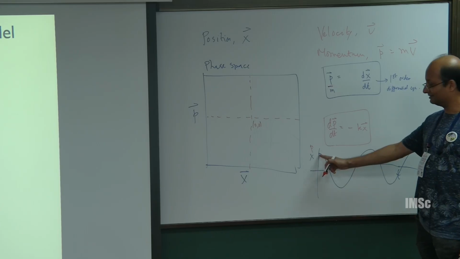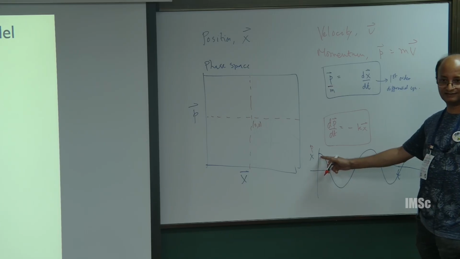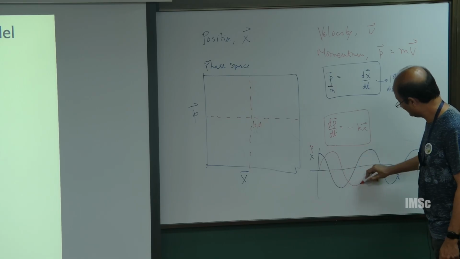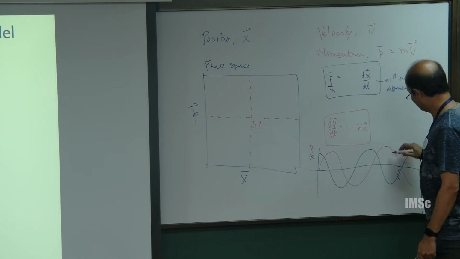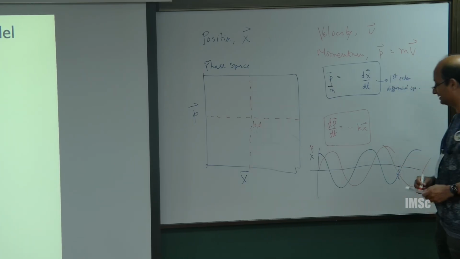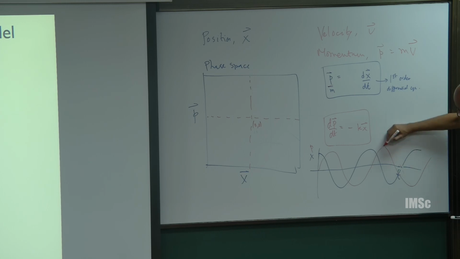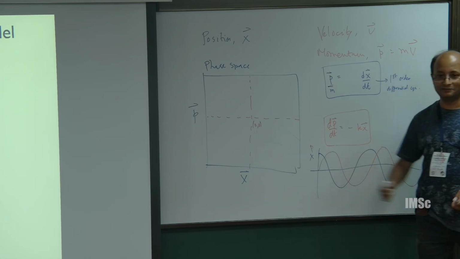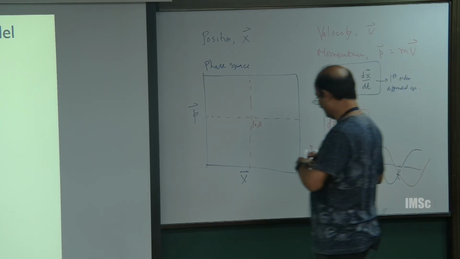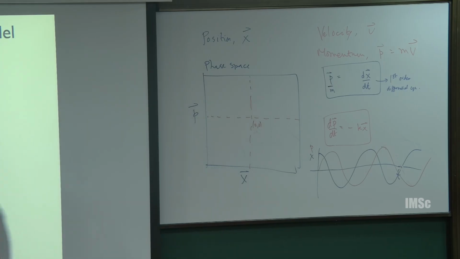Suppose this is the maximal extension. What is the momentum there? 0, right? And so it will look like this. Now can you tell me what it's going to look like in xp space? Yeah, it's going to be a closed curve. Let me see if I've got another color.